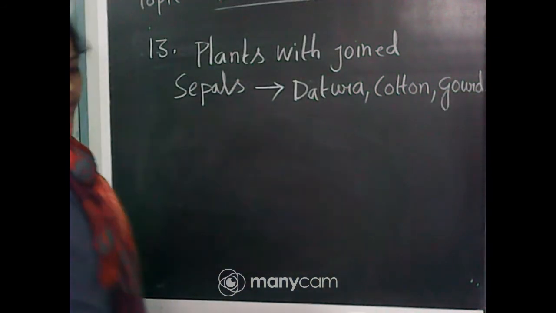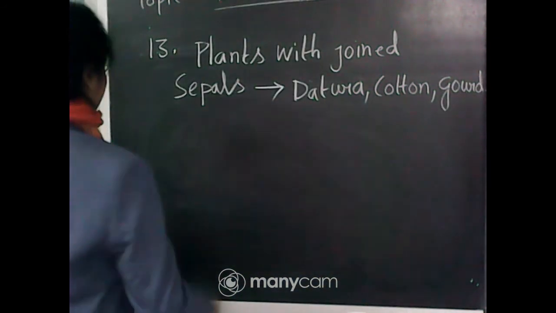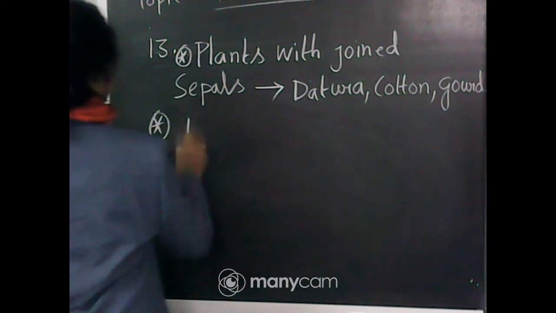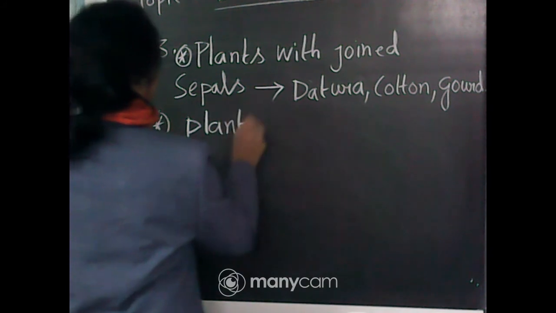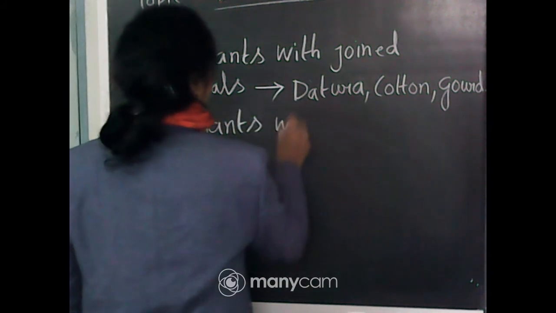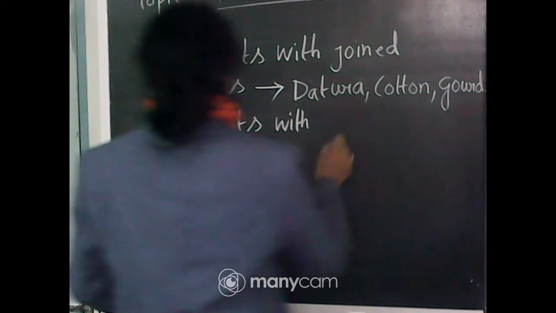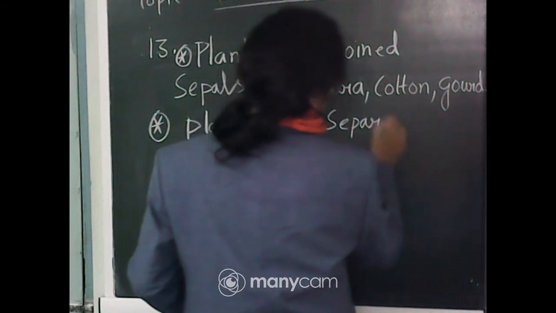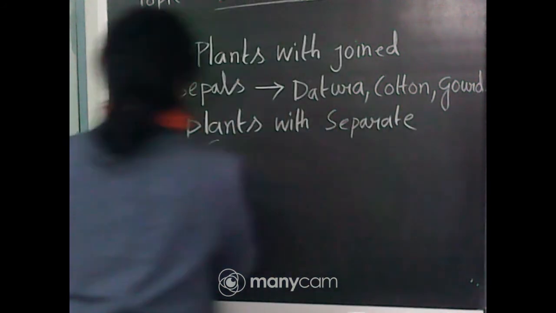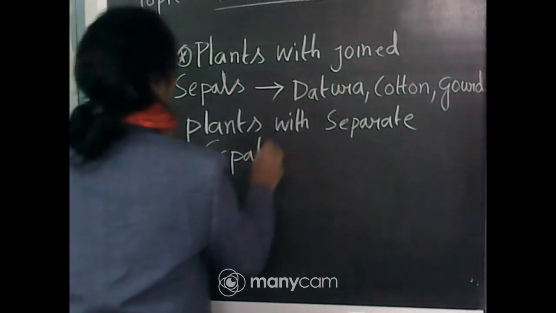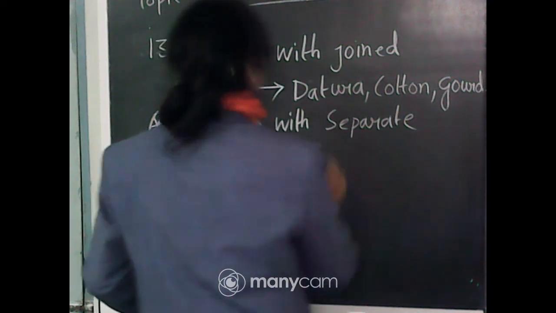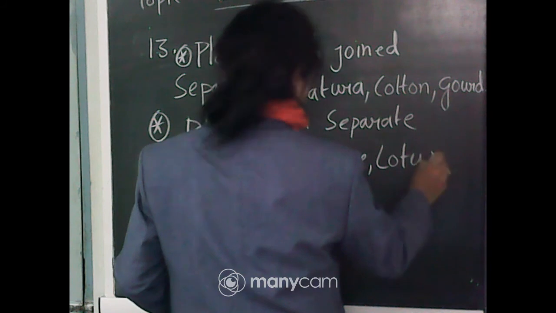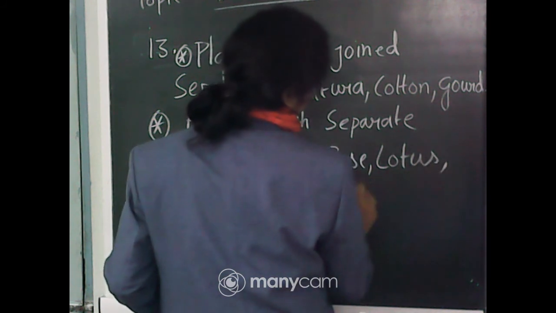Next, plants with separate sepals. You can write rose, then lotus, and you can also write mustard.